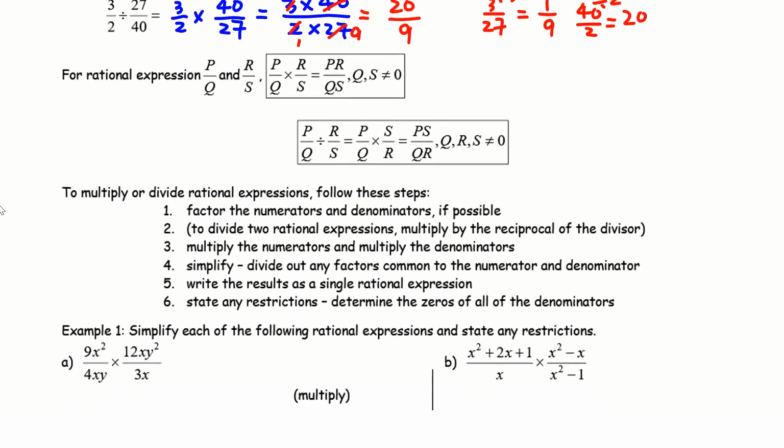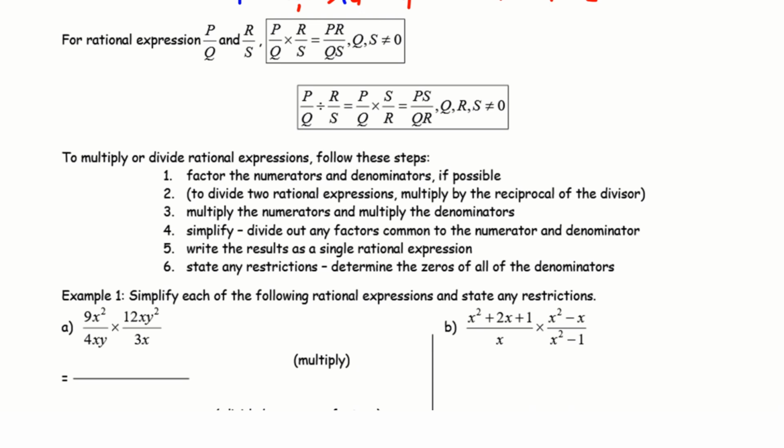So for rational expressions, P, Q, they are polynomials. For multiplication, it's just numerator times numerator, denominator times denominator. For division, we flip the second rational expression, then times the numerator times denominator.